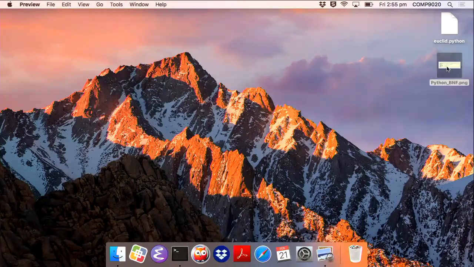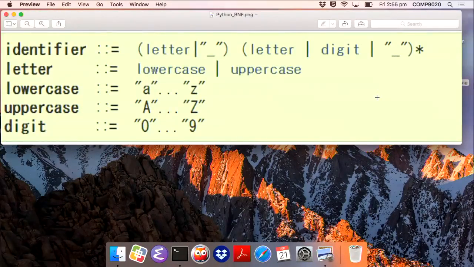Again, assuming that many of you will be learning Python in parallel to this course. If you look at the formal definition of what is allowed syntax in Python, then you might come across something like this, which defines formally what you are allowed to use as an identifier.